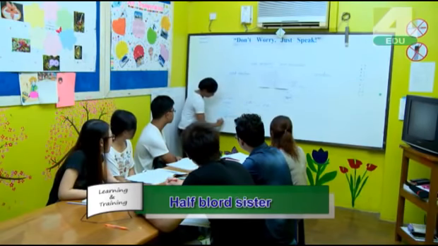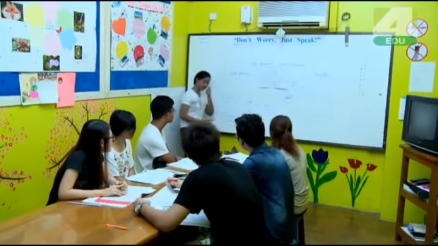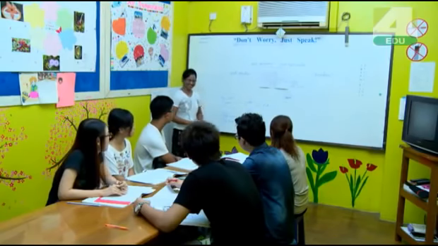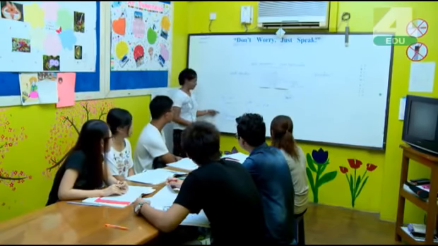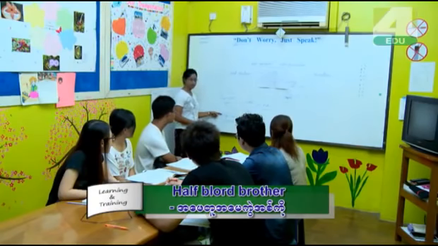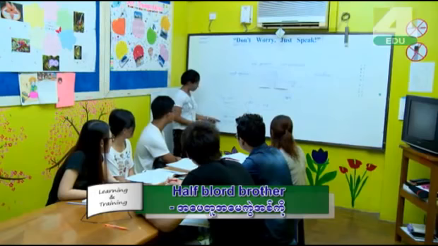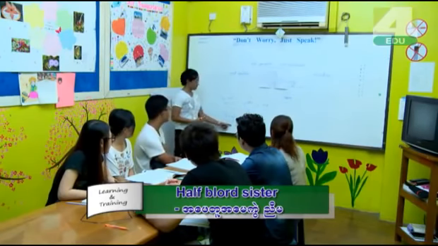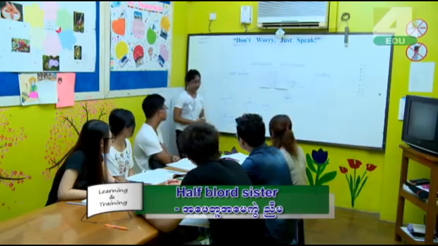Or we can say half blood sister. Okay, so what is called in Myanmar? Apedu Amegwe, right? So we call half blood brother Apedu Amegwe, or Nyama, so we can say half blood sister. Okay, right? Okay, so good.